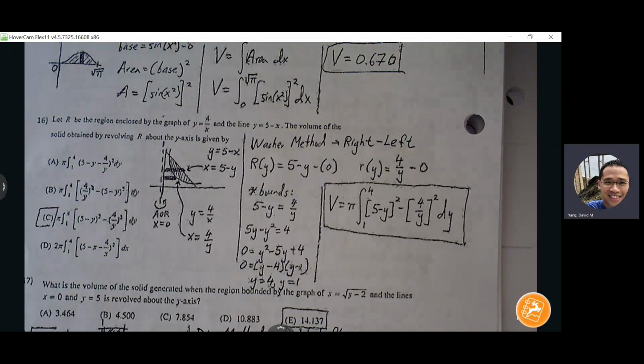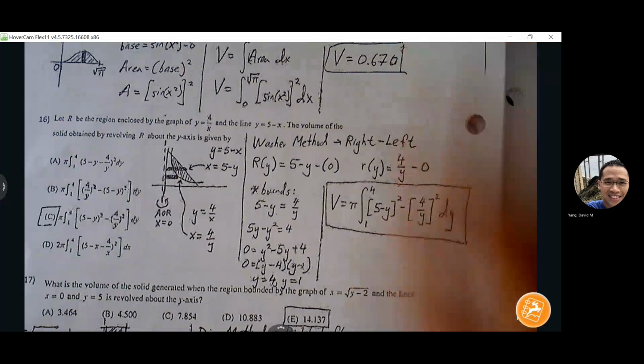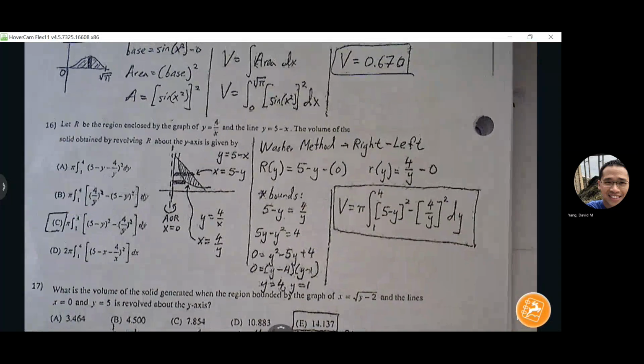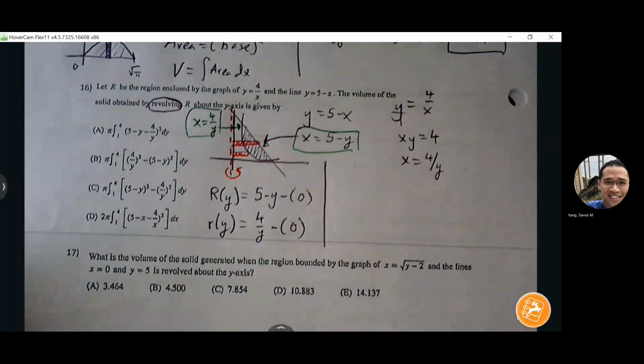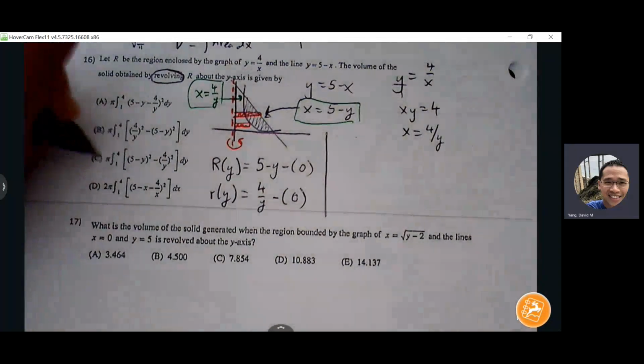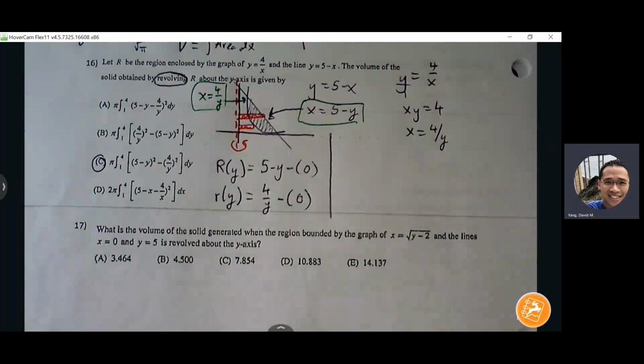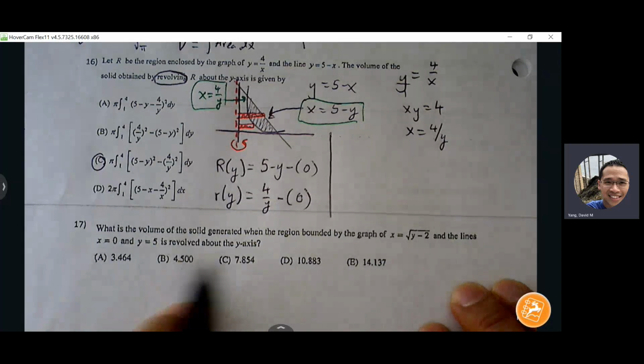Okay, let's try number 17. What is the volume of the solid generated when the region bounded by the graph x equals root y minus 2 and the lines x equals 0 and y equals 5 is revolved around the y-axis?